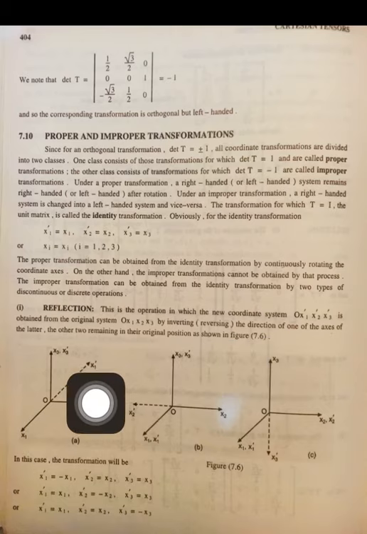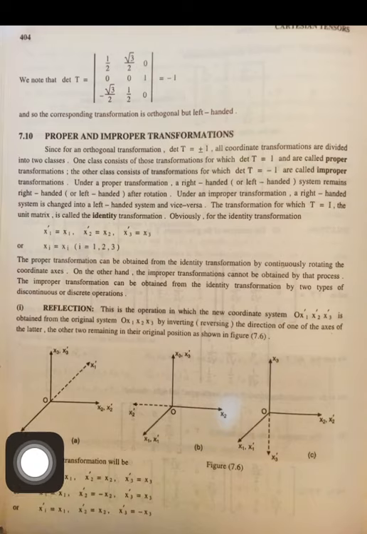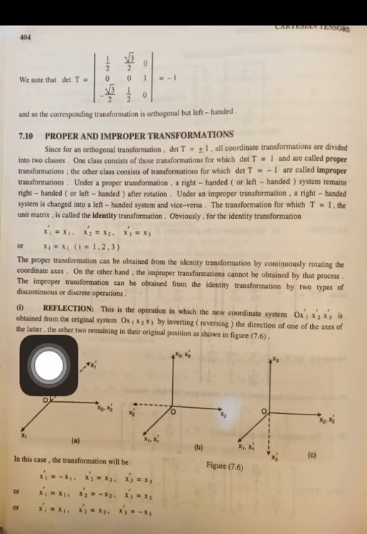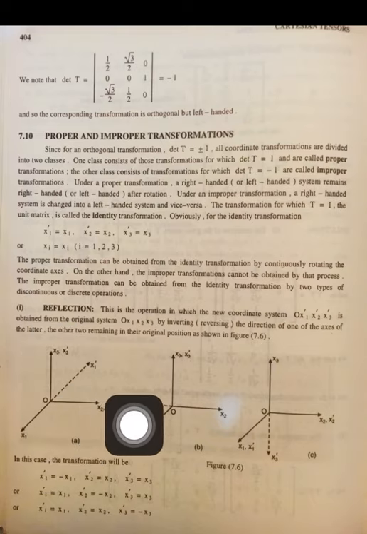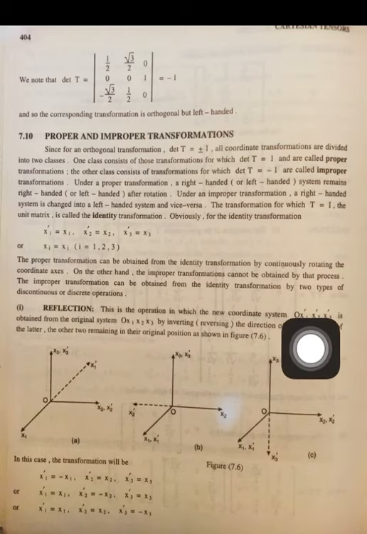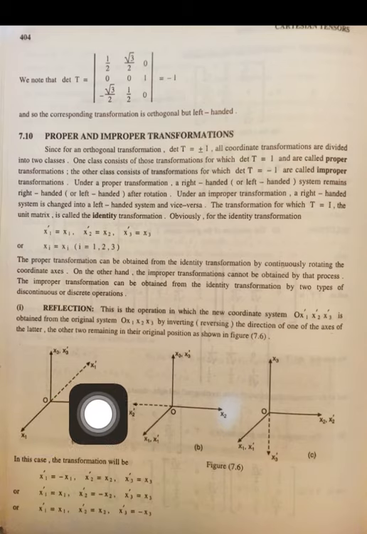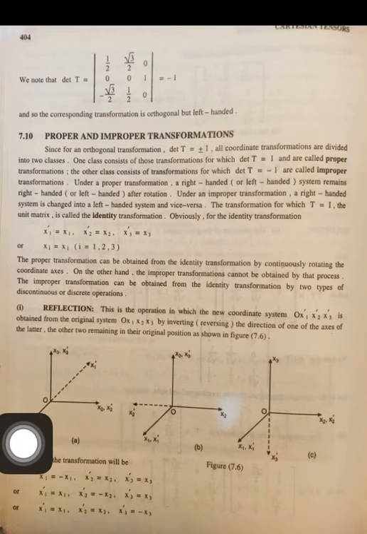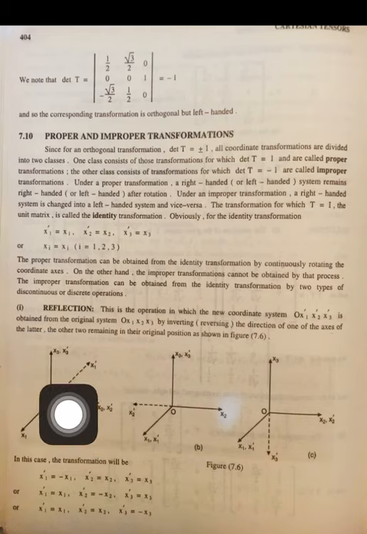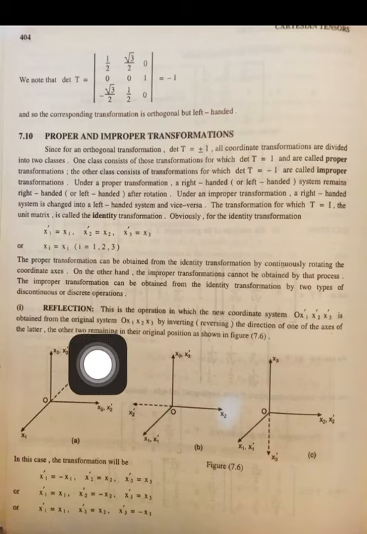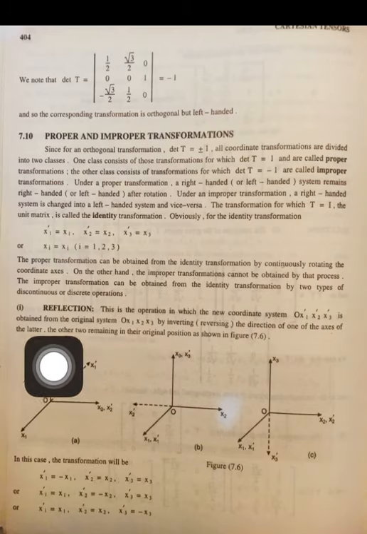As you can see here, this is x1, this is x2, and this is x3, and I place another coordinate system O x1 dash, x2 dash, x3 dash on the previous coordinate system, but here one axis is in the opposite direction.